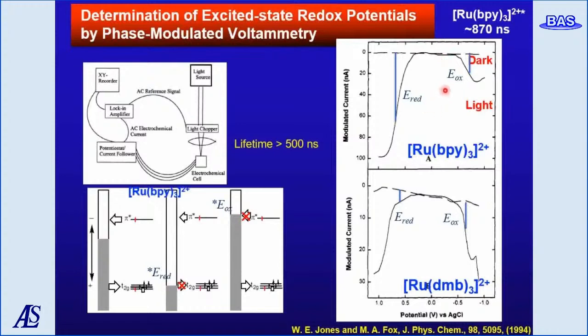From this voltammogram, the excited state potentials were determined. This method can observe electron transfer between the electrode and excited molecules if the lifetime of the excited state is 500 nanoseconds or longer.